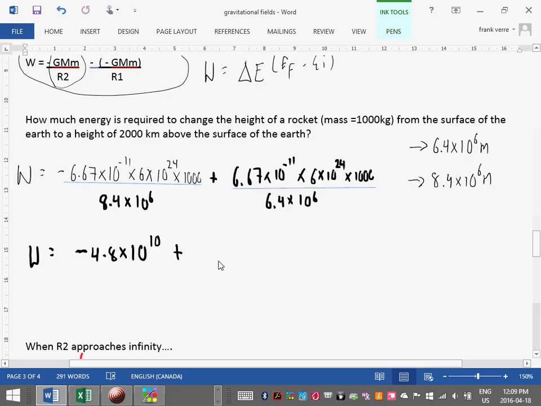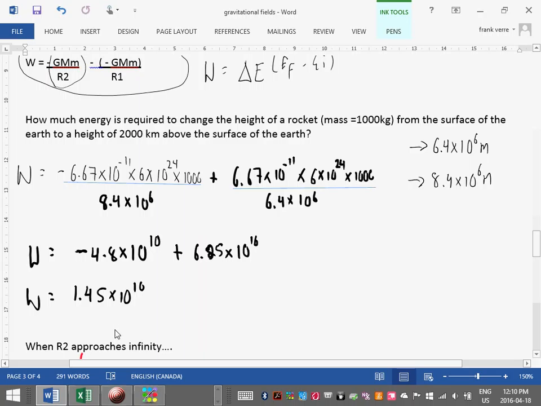Plus, what's the second number? 6.25 times 10 to the 10, and now we add them. So that should be 1.45 times 10 to the 10. Okay.